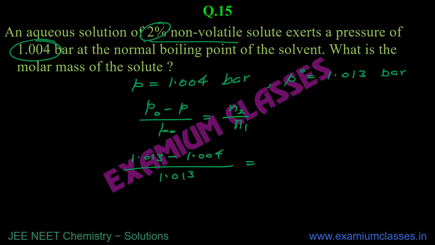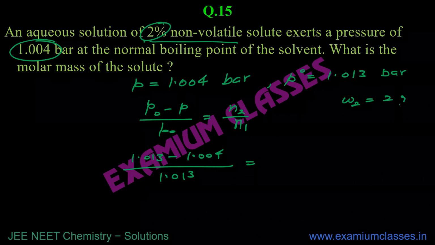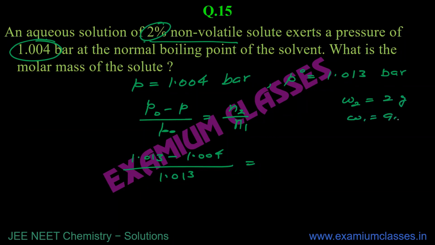You have 2% non-volatile solute. It means the solute is 2 grams if solvent is 98 grams, because out of 100 grams, 2 grams will be non-volatile solute, 98 will be solvent. So W1 will be 98, W2 will be 2.